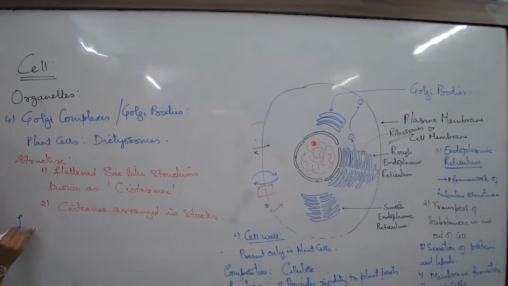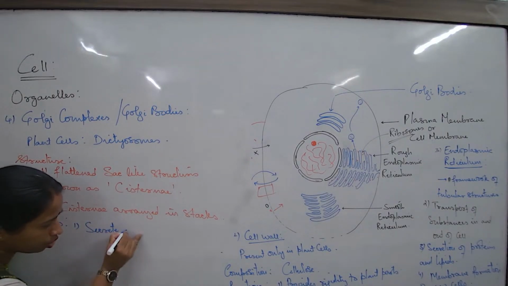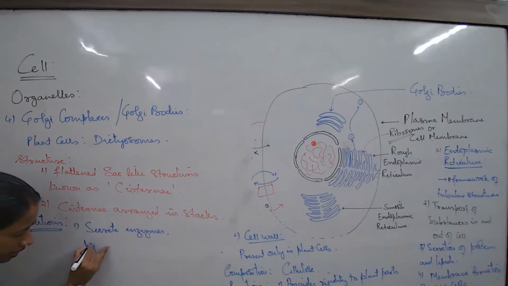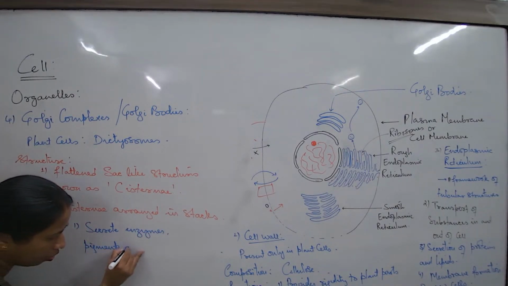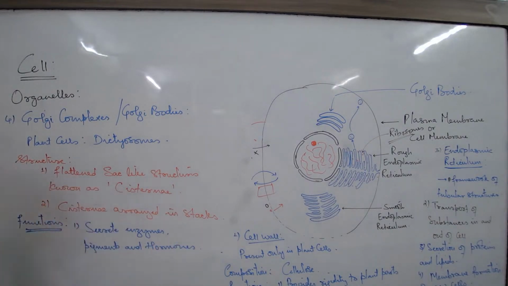What about their functions now? What are some of their common functions? The Golgi complexes are always there in the cell to secrete a variety of enzymes, pigments, and hormones. They are always meant for synthesizing a variety of enzymes, almost 40 different types of enzymes, and different types of proteins and hormones, which they are constantly producing.